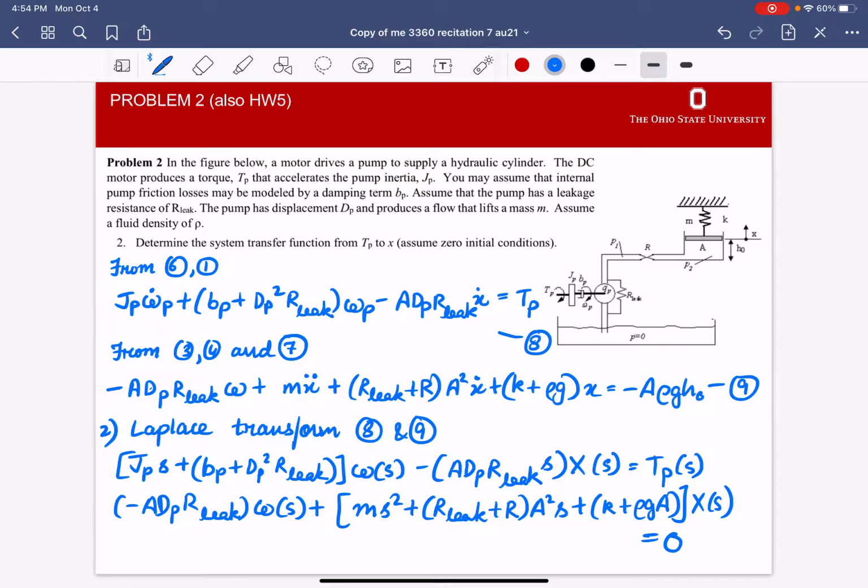But since we can assume zero initial conditions, the initial elevation h naught was just set to 0. So we have assumed h naught over here to be 0. Those are the two equations that you get once you have performed the Laplace transform. Any questions on that? In case you miss out on writing anything, that's fine. Everything will be posted on Carmen, so don't worry.